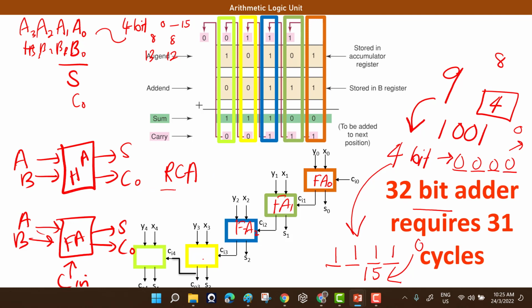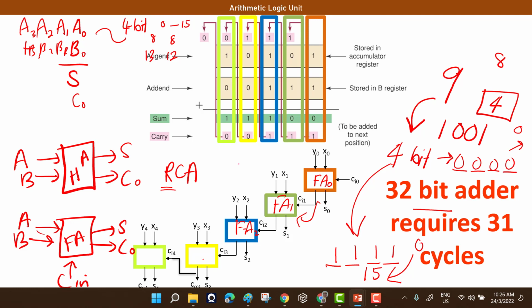Now, why is it called ripple? It is because the carry out of the first process is taken to be the carry in for the second addition, and so on. This effect is known as the rippling effect. The good thing is that it is quite easy. If you need to execute a 4-bit adder, you need at least 4 units of full adders.